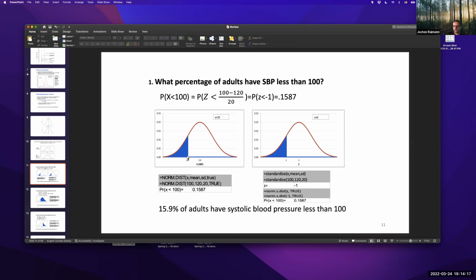If you were to calculate everything that is greater than this -1, you would need to assume that the entire area under the curve represents 100%, or 1 as a proportion, and you subtract whatever is left of that set score. So these 15.87% from that 100% gives you everything that's greater than this set score.